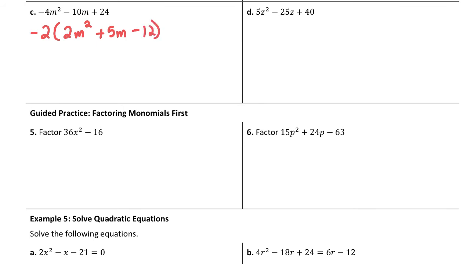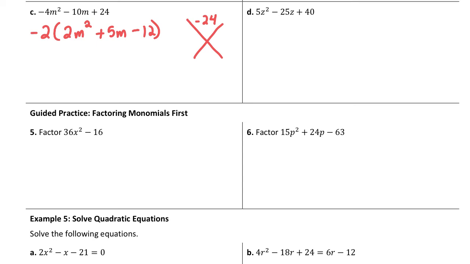The reason I factored out negative 2 is I don't like that leading term to be negative. So this is the factoring we talked about before. I factored out a common factor, but I still need to factor 2m squared plus 5m minus 12. So what happens here, just like we talked about previously in the video, multiply the first term by last term.